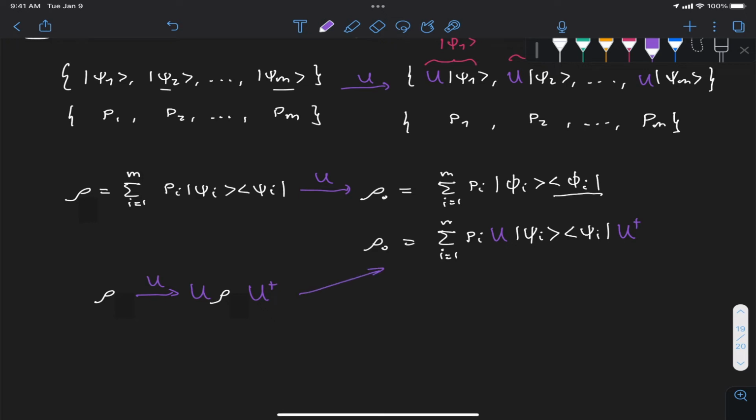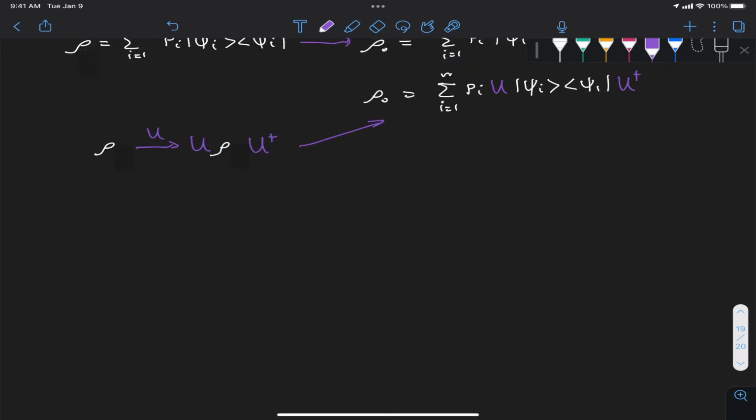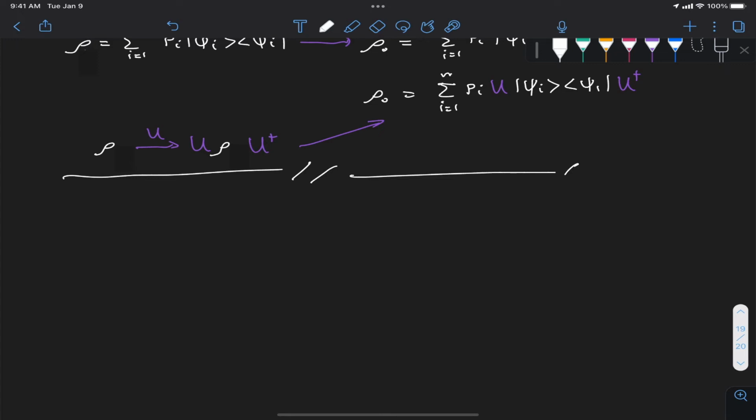So that's basically it. And what we can do next is just look at a simple example of how this works. Let's do it just for a pure state, which makes things a little bit easier. But that doesn't mean that this doesn't work for mixed states.